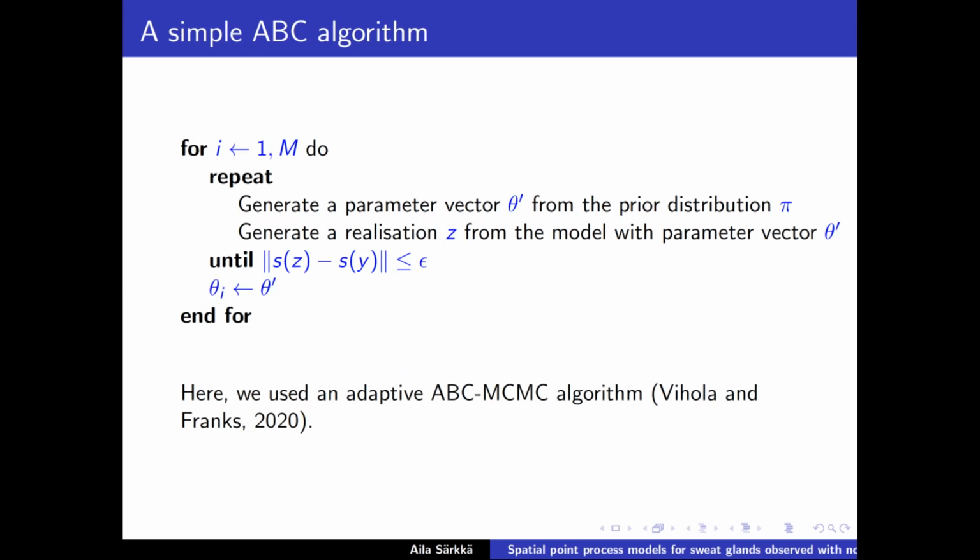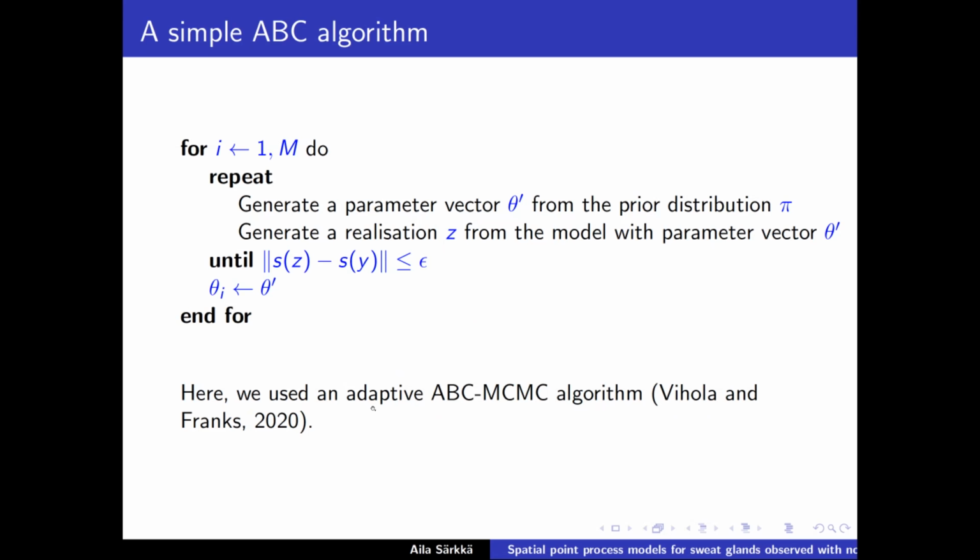If they differ less than this tolerance level, you accept it in your sample; otherwise you don't, and you do it again. You do this until you get the number of samples you want. This is a very simple algorithm, and I think there are many ABC algorithms that are better than this, but I think it gives you the idea.